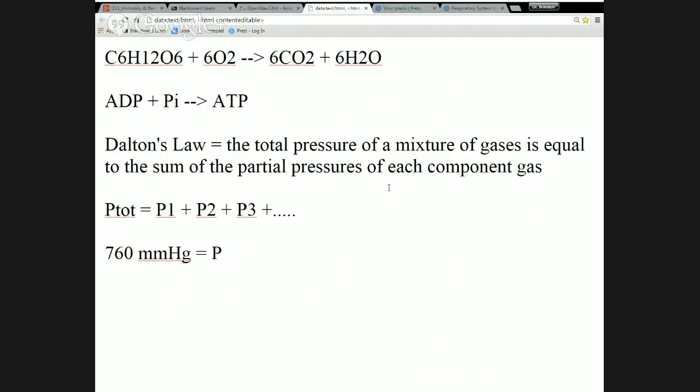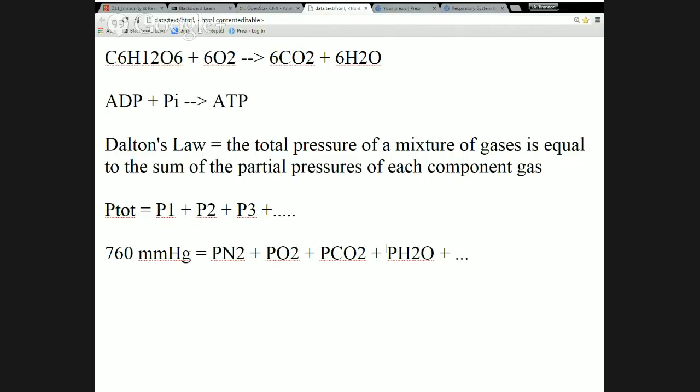So the partial pressure of nitrogen plus the partial pressure of oxygen plus the partial pressure of CO2 plus the partial pressure of H2O, plus the partial pressures of other things in the air around us. Those four are the major components of the air that we breathe.